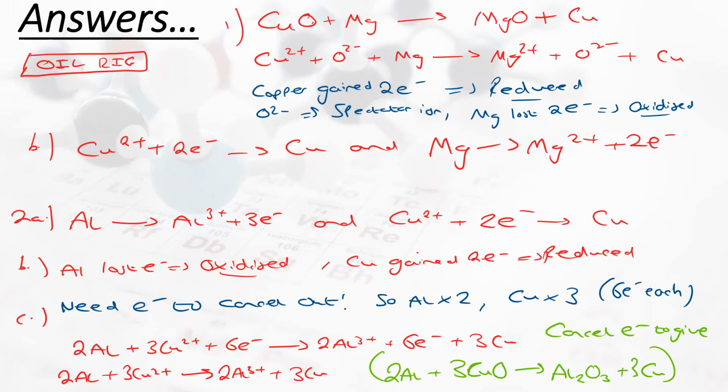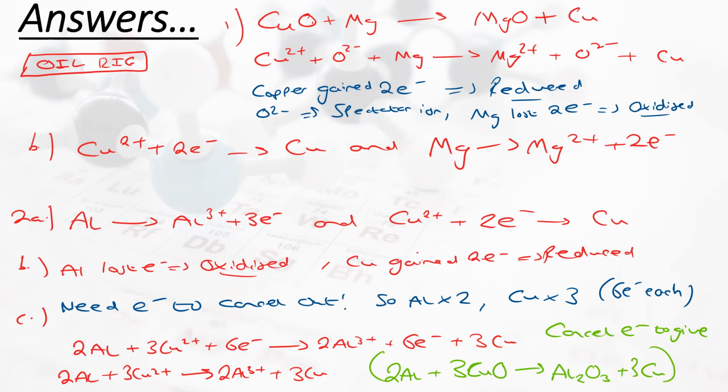So then we just write down everything that we have on our reactant side, and everything we have on the product side from both equations. So we have 2 aluminium plus 3 lots of the copper ions plus 6 electrons going to 2 of the aluminium ions, 6 electrons and 3 coppers.